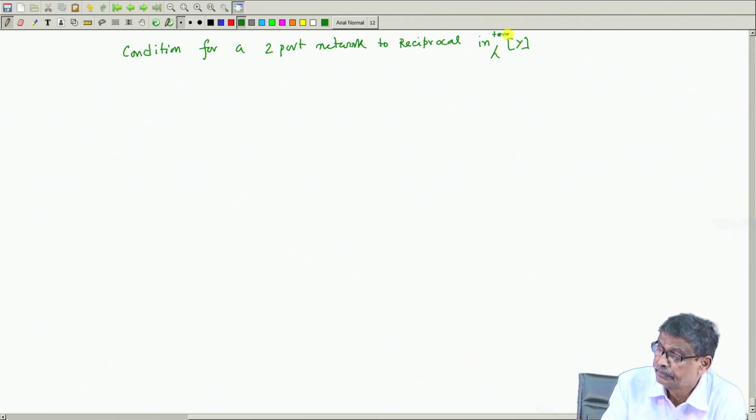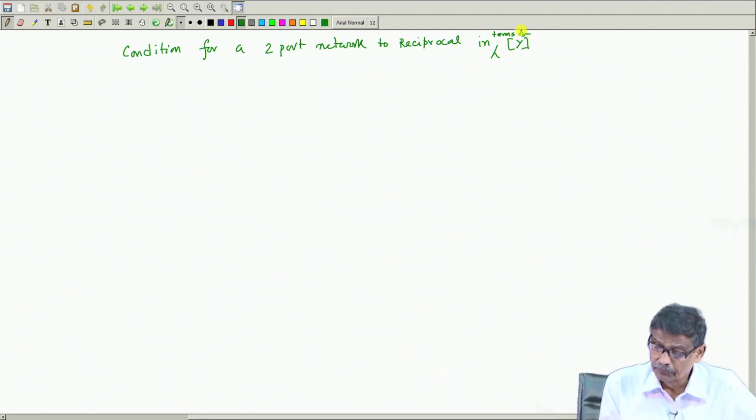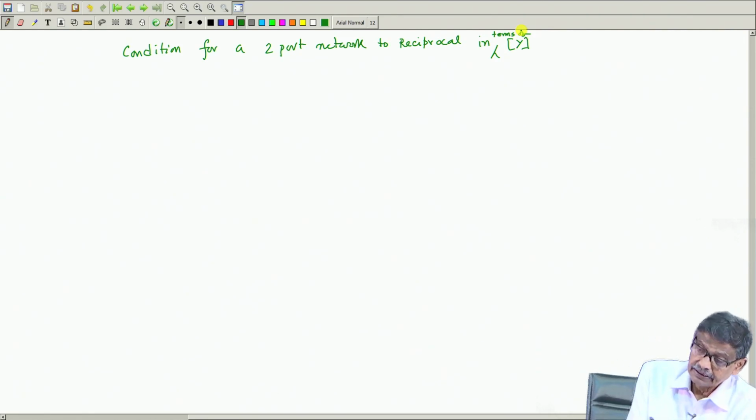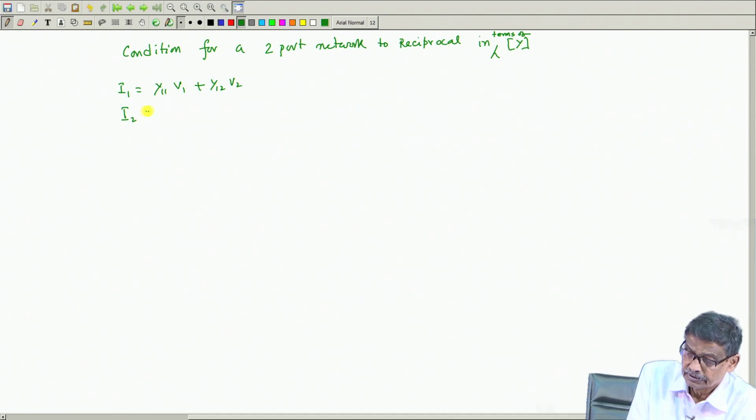Once again the same thing. First I write down these two basic equations: I 1 is equal to y 1 1 V 1 plus y 1 2 V 2, and I 2 is equal to y 2 1 V 1 plus y 2 2 V 2.